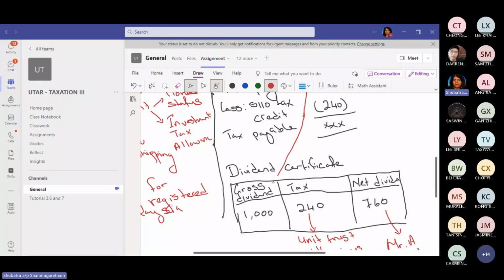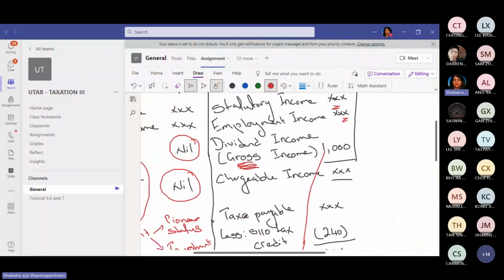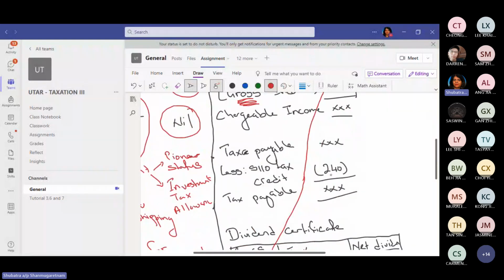Although he has already suffered tax of $240, he must still declare the full amount in his tax computation and get his chargeable income.